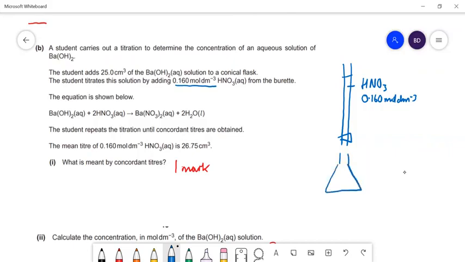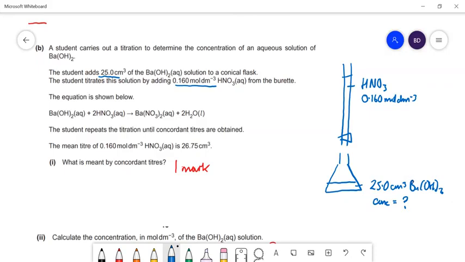And in the conical flask, we have 25 centimeters cubed of barium hydroxide solution. And we don't know the concentration, that's what we're going to have to find out. So the concentration question mark.